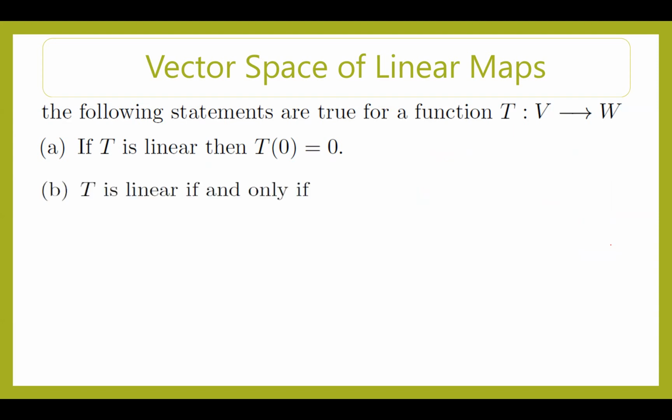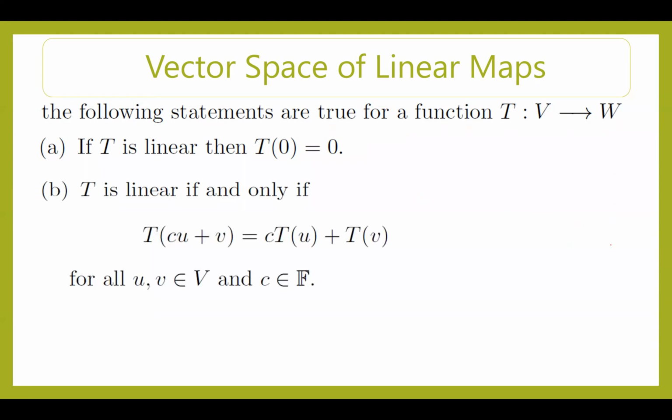If T is linear, then this statement is if and only if. Instead of showing those two properties, T of U plus V equals T of U plus T of V, and T of CU equals C T of U, we can simply combine the two together in this way: T of CU plus V is C T of U plus T of V. I'm not going to prove some of these properties here, but they are quick exercises to check.